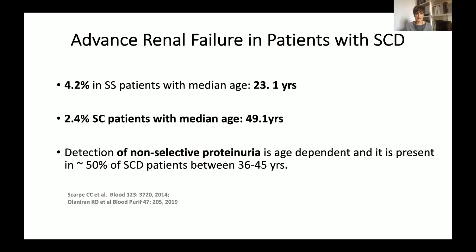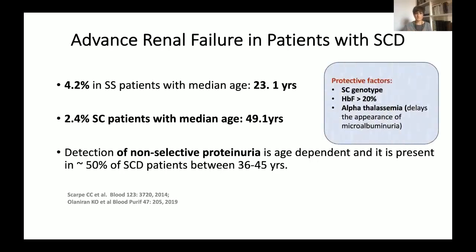against terminal renal disease. It's also important to highlight that non-selective proteinuria is present early in patients with sickle cell disease, from the pediatric period to adults, and more than 50% of sickle cell patients present non-selective proteinuria between the ages of 36 and 40 years.